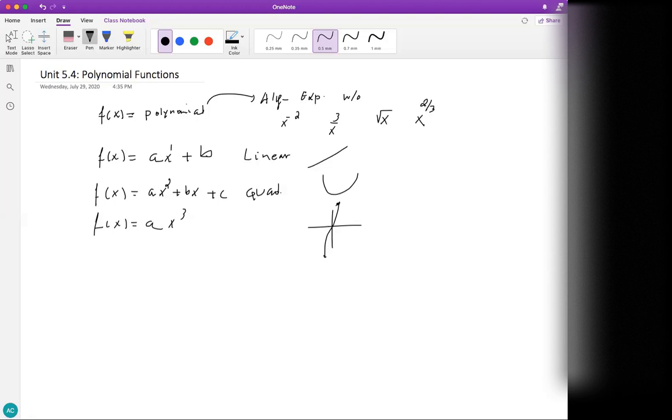A hyperbola is when you have x in the denominator. A hyperbola, for example, 1 over x. The graph of this function looks like this. Okay, hyperbola. This is a parabola, but this is a hyperbola. And this is a parabola. These are the types of functions that we saw so far.